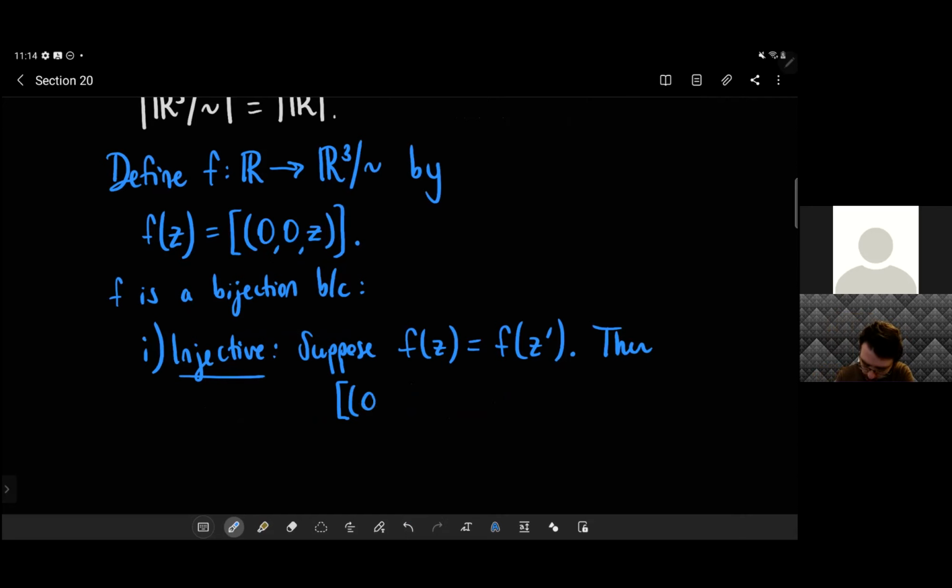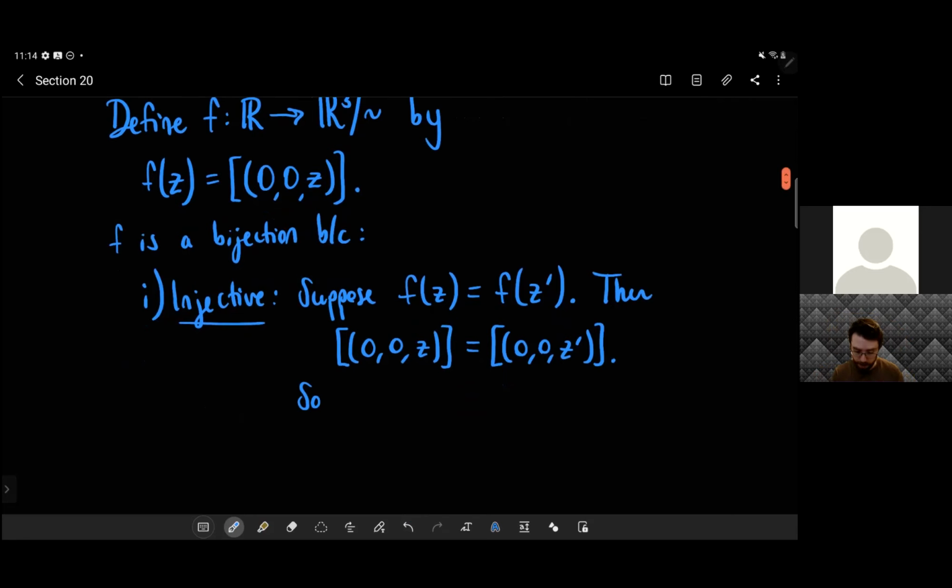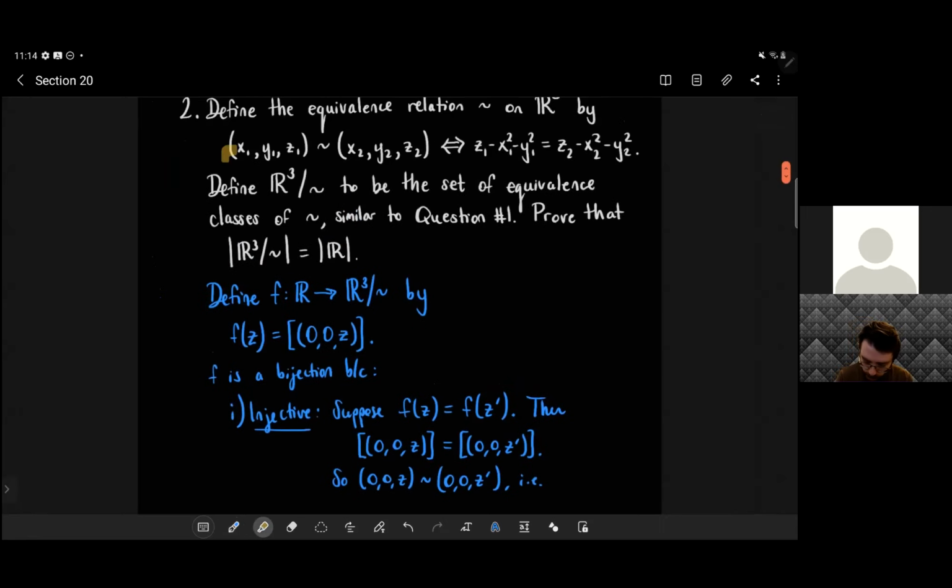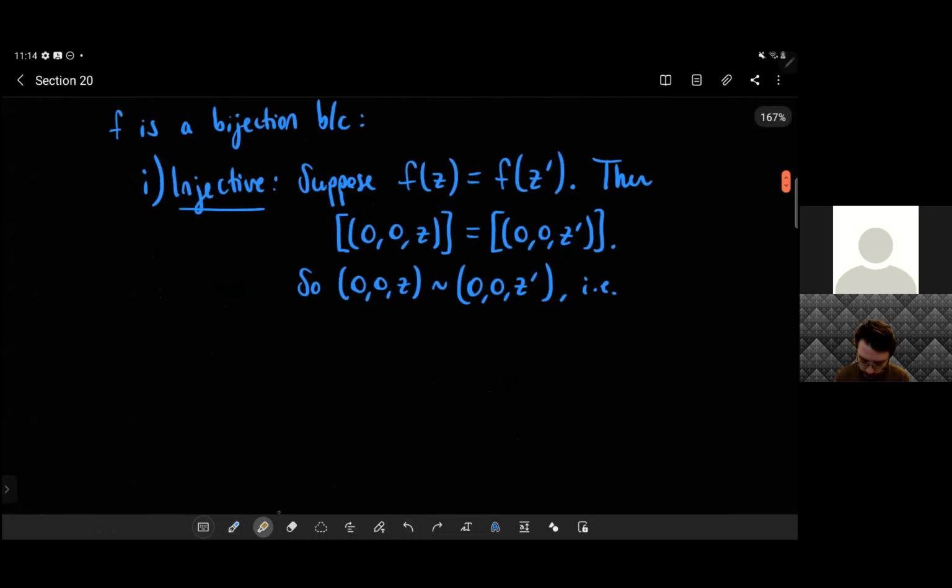So the equivalence class of 0, 0, z is equal to the equivalence class of 0, 0, z prime. But if equivalence classes are equal, that means the points themselves are related under that equivalence relation. And then all you have to do is go back and look at what that equivalence relation is. Two points are equivalent if this weird equation works. So I'll write that down in terms of z and z prime.